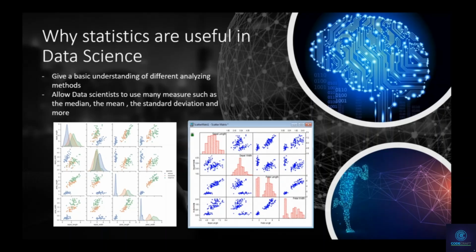Statistics brings to data science many techniques and methods that can be used to analyze the data way better. So this is why statistics are really important in data science. And as I said, statistics are really the base of data science.